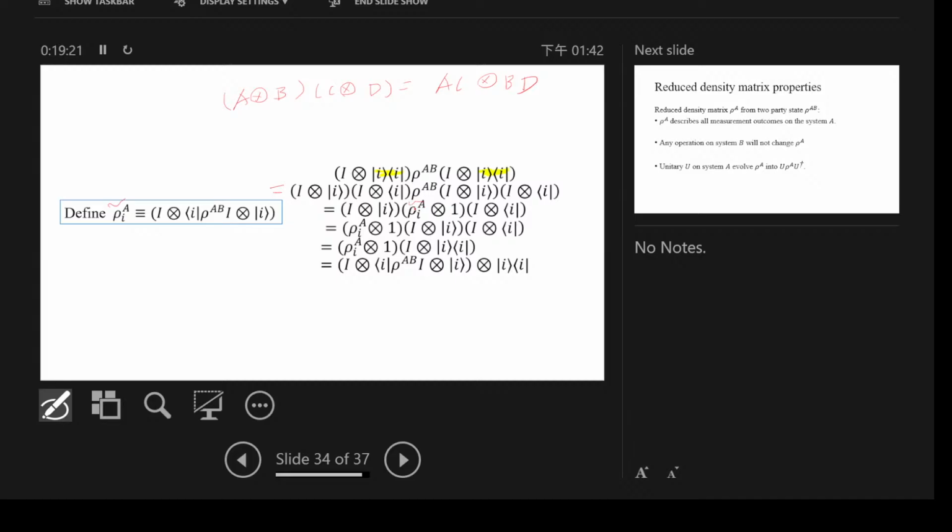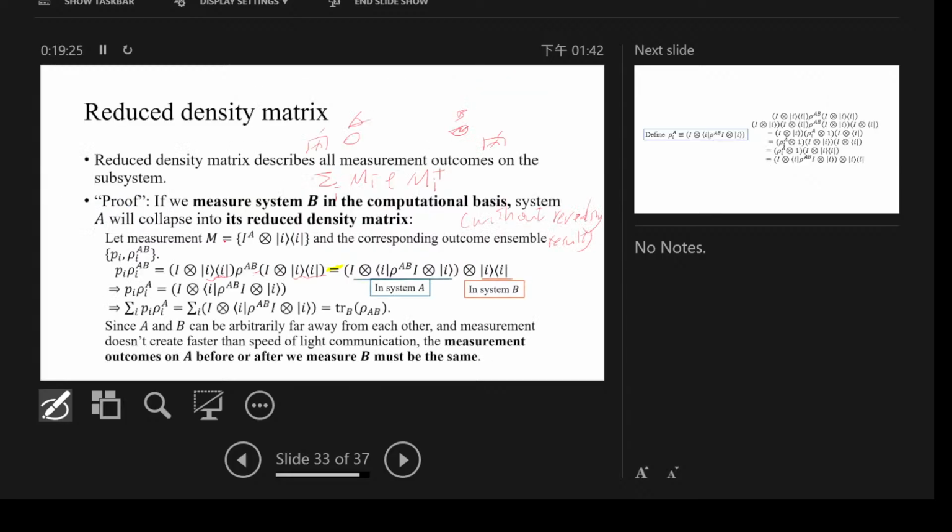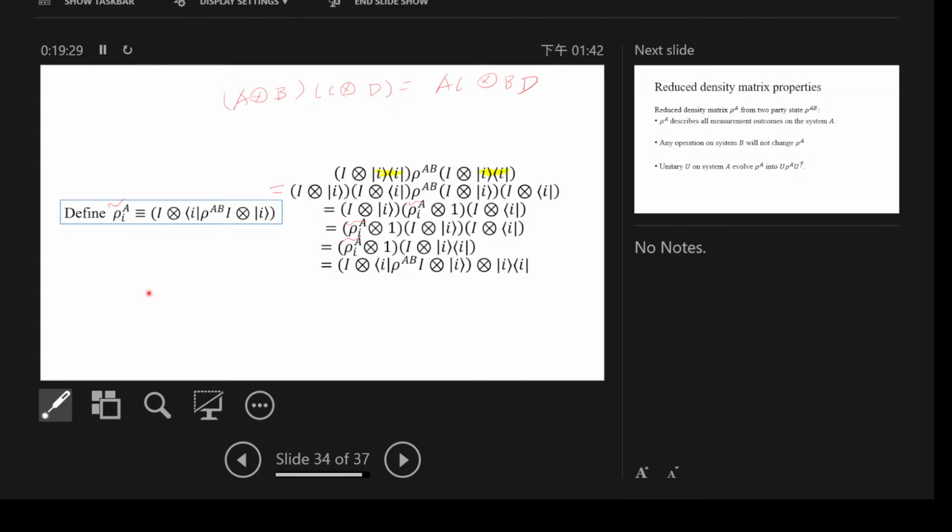This row AI tilde is actually PI times row AI. Okay. And anyway, it's not too important here. For now, it's just a number. But this row AI tilde is basically what we want, and it's already in the middle.